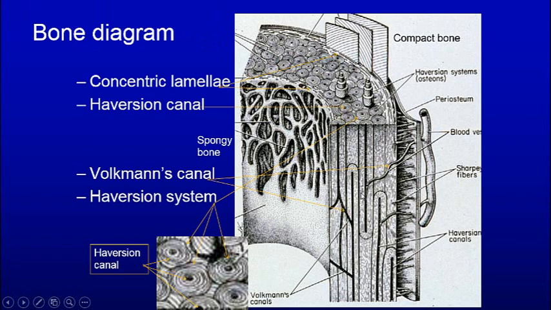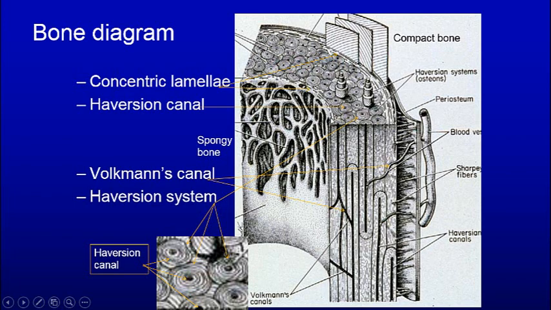So here we see a diagram of compact bone, and what we see is there's a periosteum on the outside, endosteum on the inside. Also, the Haversian systems themselves have endosteum inside there as well. From appositional growth on the outside, we have these layers here, which are circumferential lamellae.